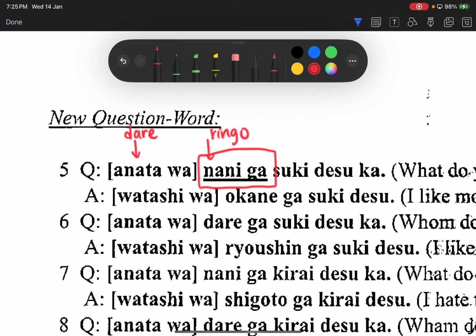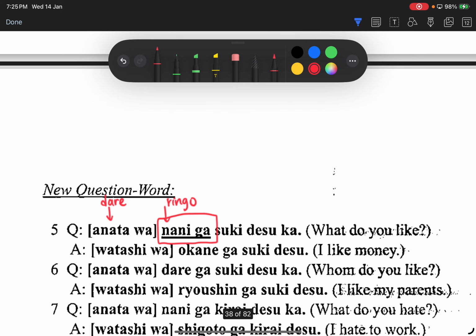But of course, this is not the best way to phrase it like that. Instead, the most correct way to phrase it, if you want to ask who likes apple, it will be リンゴは誰が好きですか?